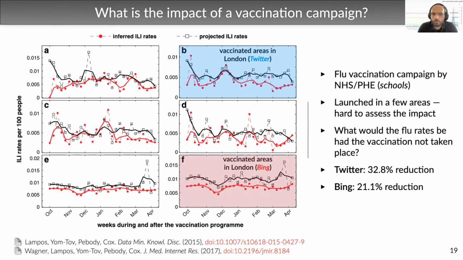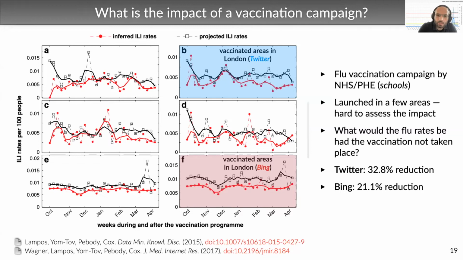A similar approach was deployed in previous work to estimate the impact of a public health intervention using social media and web search activity. The particular intervention was a pilot vaccination campaign against flu. The campaign was launched in just a few areas, so it was difficult to estimate its impact using traditional epidemiological data. In the figure, the red color lines indicate estimated flu rates in locations that vaccinations took place.